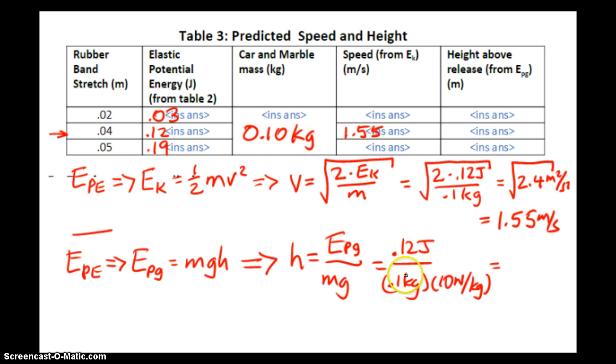I have my 0.12 joules divided by the product of 0.1 kilograms times 10 newtons per kilogram. I get 0.12 meters, same as 12 centimeters. And remember, that's how far up that goes. So I would know that this should be 0.12 meters. Remember, these are our predicted values. As we move to table 4, we'll see what we actually measured for our car.